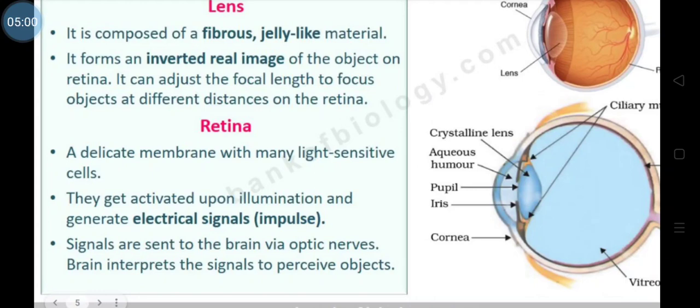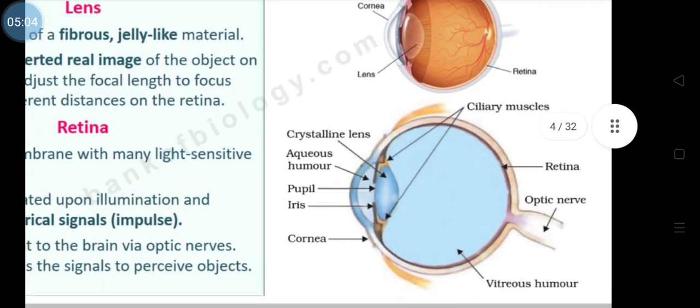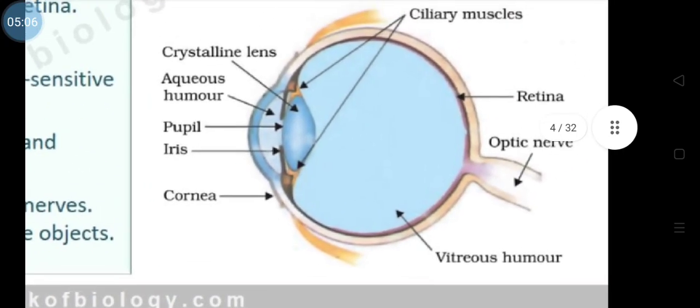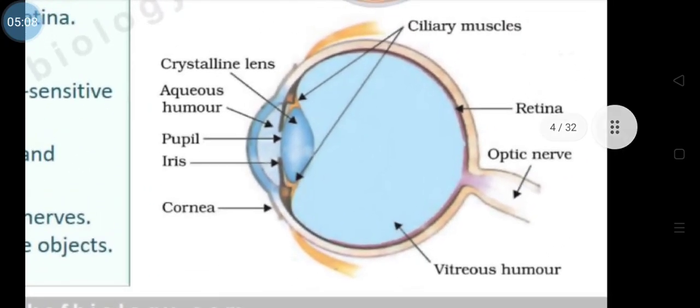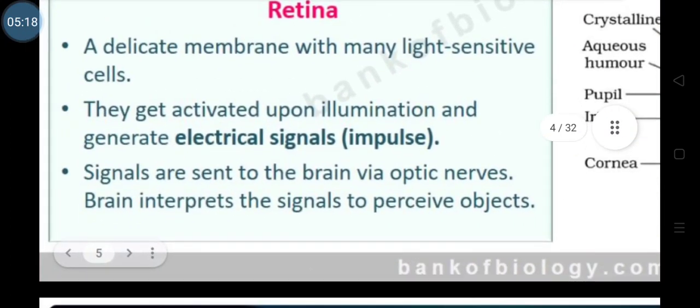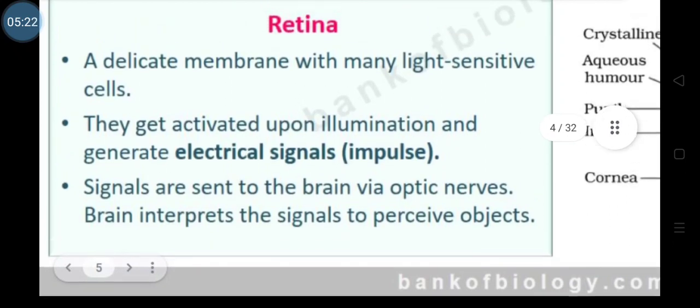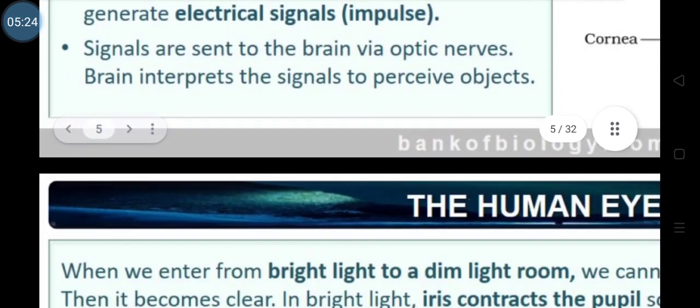You can see here the optic nerves in the diagram, this is the optic nerves. So when the cells of the retina are activated by illumination, the impulses are sent to the brain through the optic nerve. Okay, so the brain interprets the signals to perceive the objects.